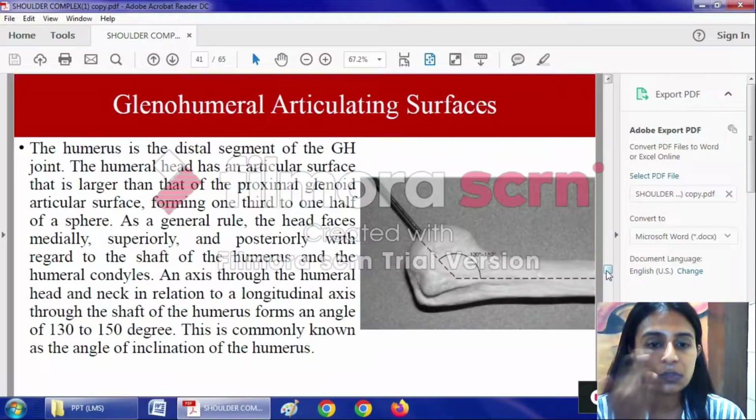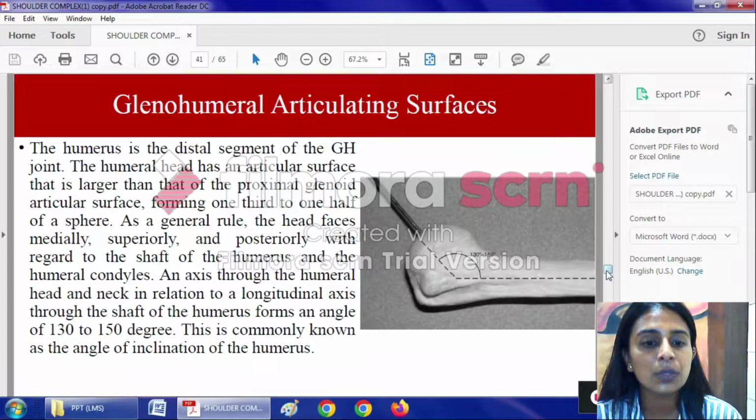An axis through the humeral head and neck in relation to the longitudinal axis through the shaft of the humerus forms an angle of 130 to 150 degrees. This is commonly known as the angle of inclination of the humerus. This is the angle that is 130 to 150 degrees.